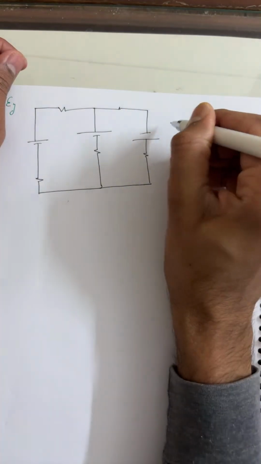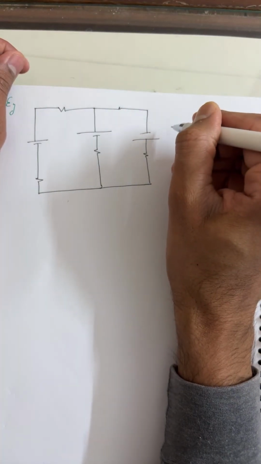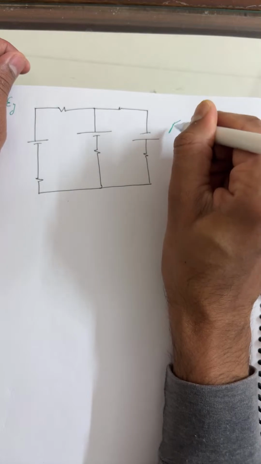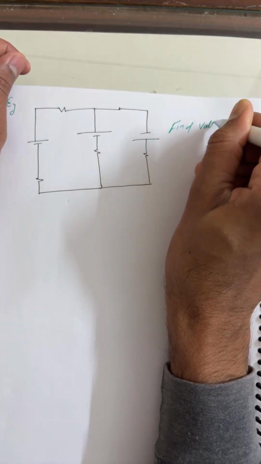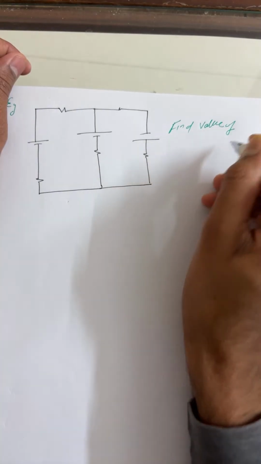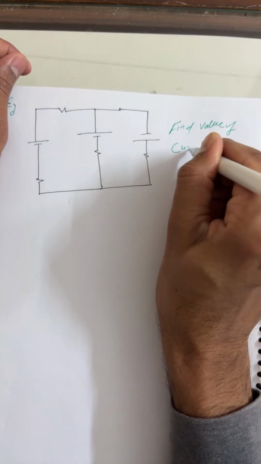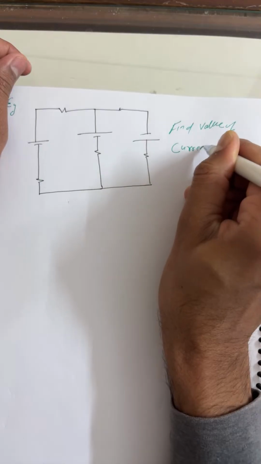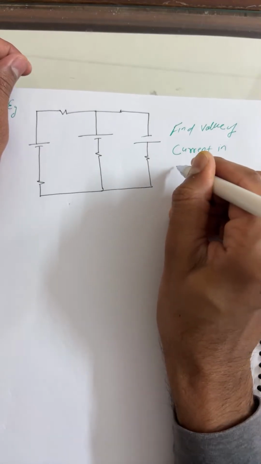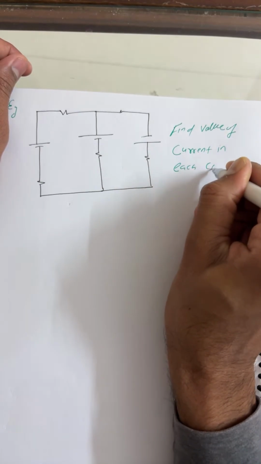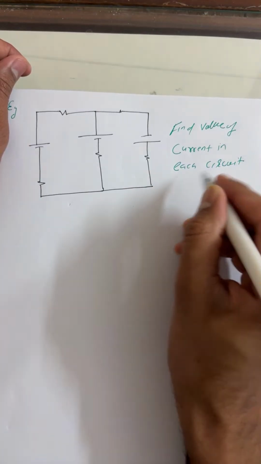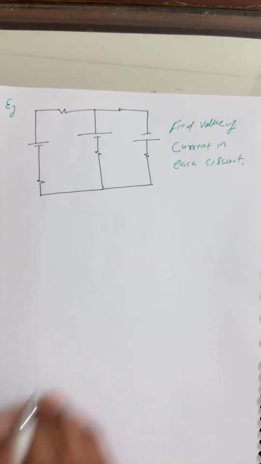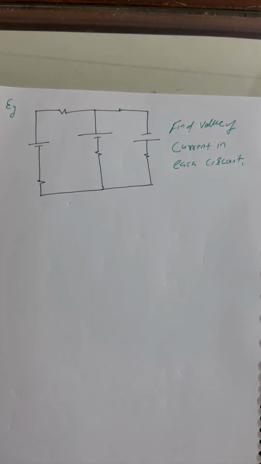Just writing here: find the value of current in the circuit by loop law, beta. Okay.